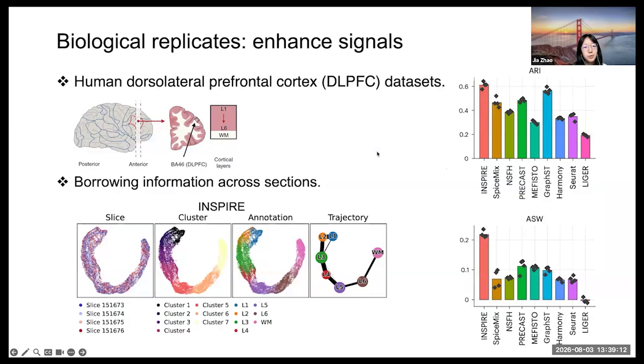Okay, so now we move to the results section. I will very briefly go over what we can achieve using this method.